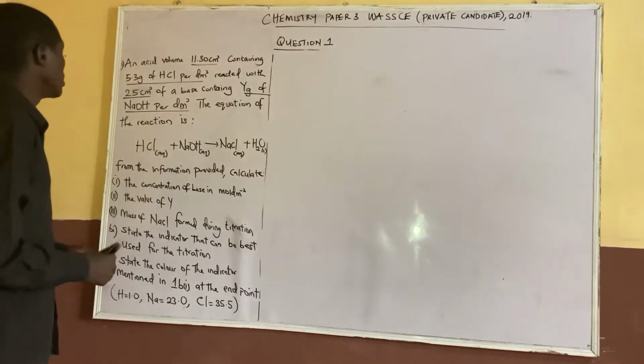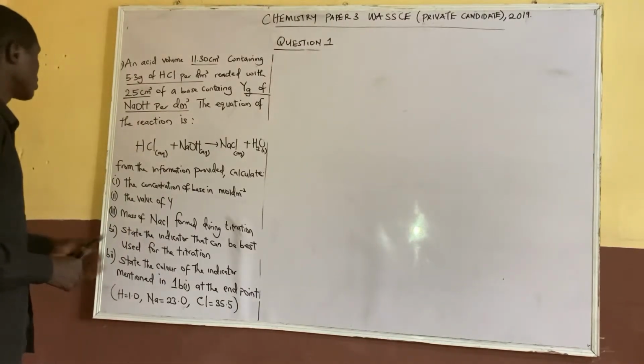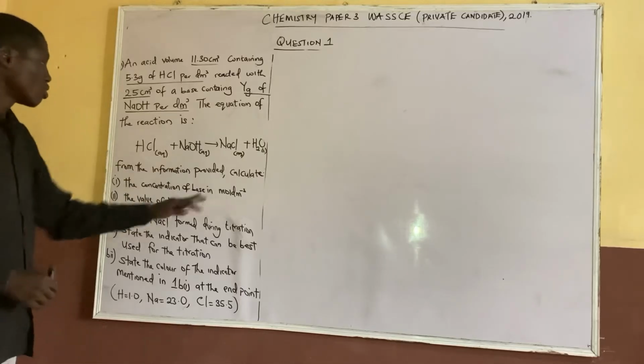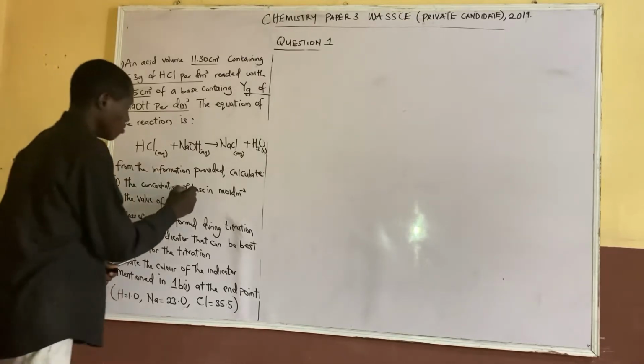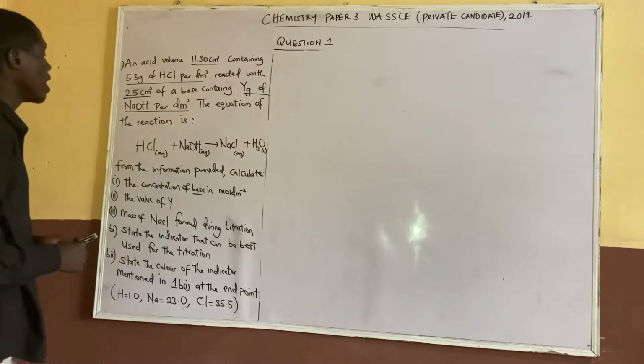Let's try to solve the first question, which is to find, from the information given, the concentration of the base in mole per dm3.